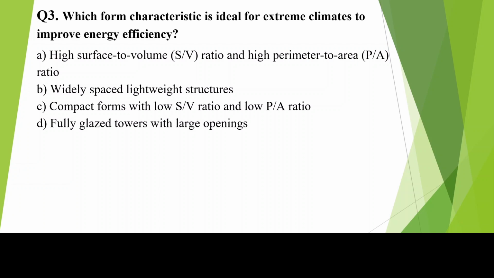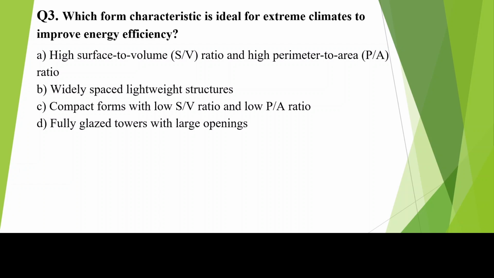Here is the third question. Which form characteristic is ideal for extreme climates to improve energy efficiency? So buildings or locations which have extreme climate conditions, like extreme cold or extreme winter conditions, are there. So in that kind of climatic conditions, which kind of building form would you prefer out of the four options?